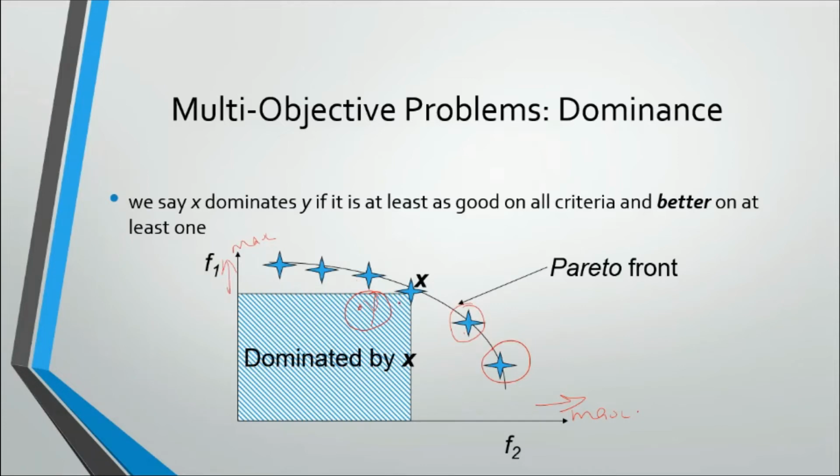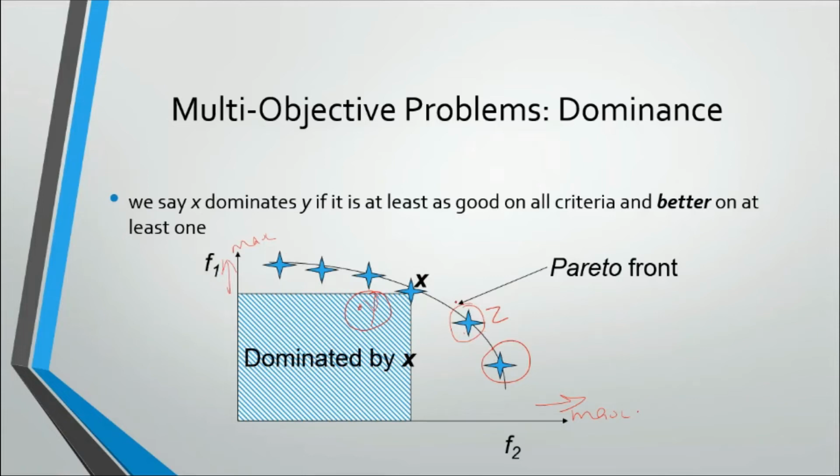And if we consider this solution z, and consider y and z, what will happen? y is better than z in the case of f1, but it is worse in the case of f2.